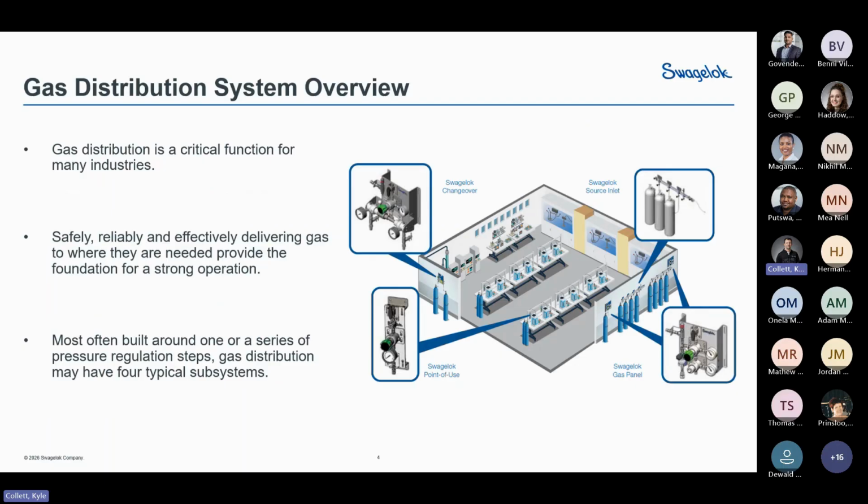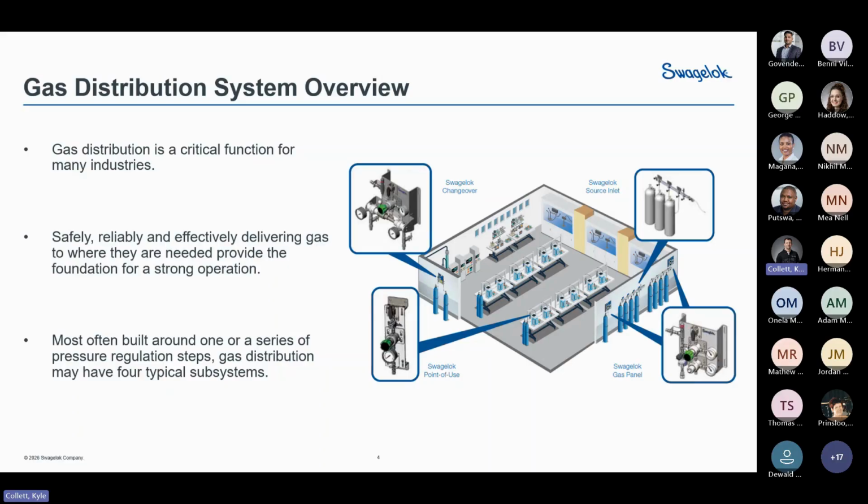So as we all know, gases and gas distribution play a critical function in all our industries. Without effective supply and control systems, many plants may not be operating as effectively as possible.